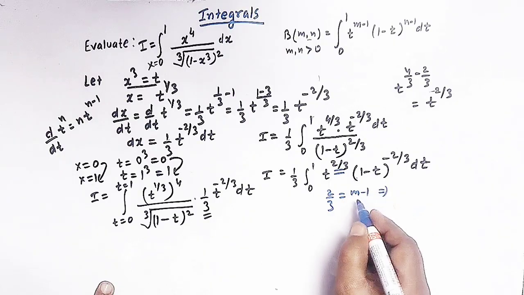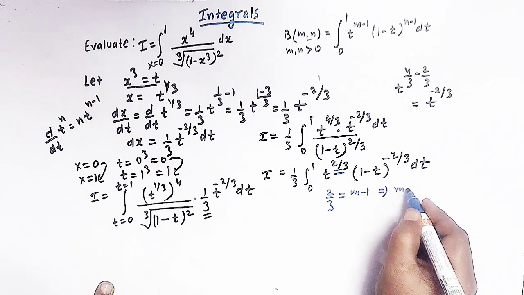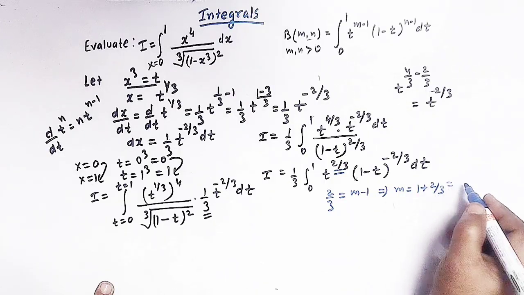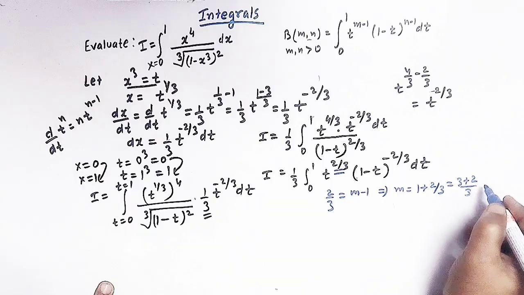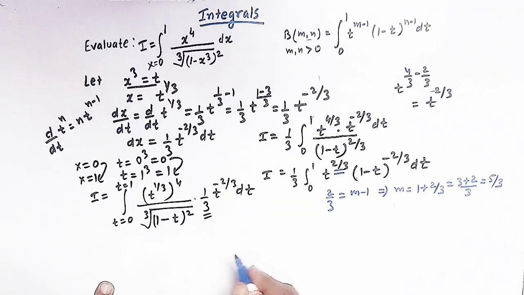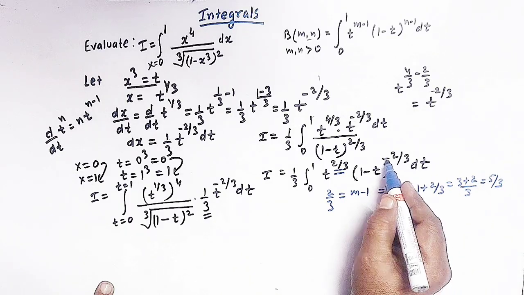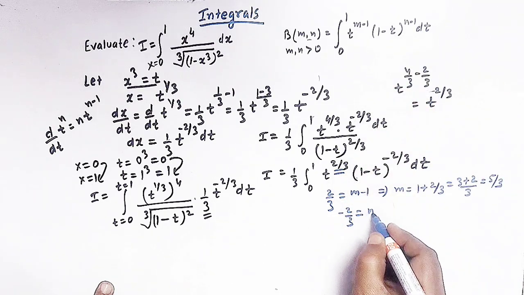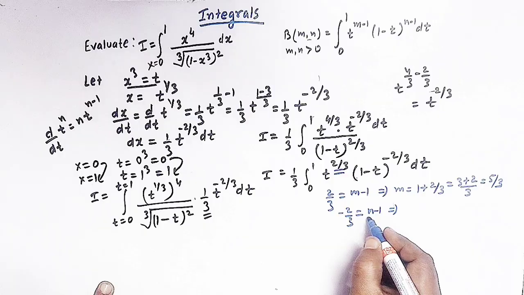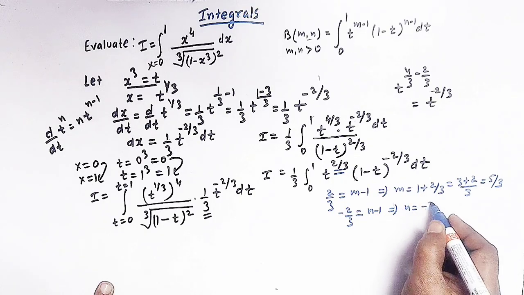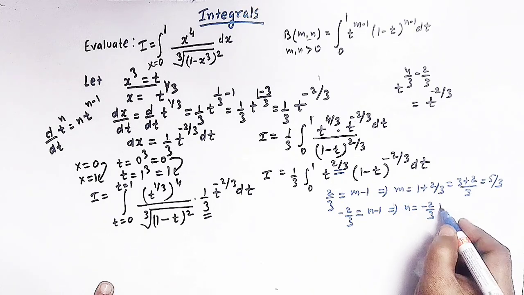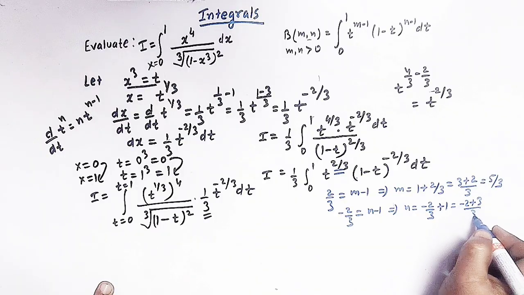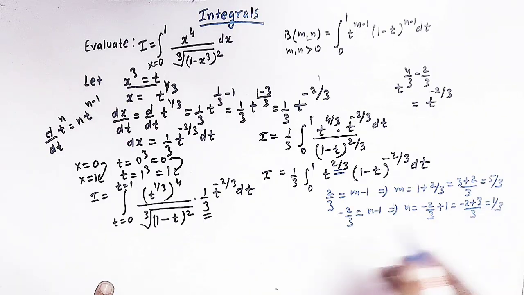So we can solve this equation. So we have m is equal to 1 plus 2 over 3, that is 3 plus 2 over 3, that is 5 over 3. And similarly here we have minus 2 over 3, and here we have n minus 1. So solving this equation for n, we can now write minus 2 over 3 plus 1. So this is minus 2 plus 3 over 3, that is 1 over 3, right?